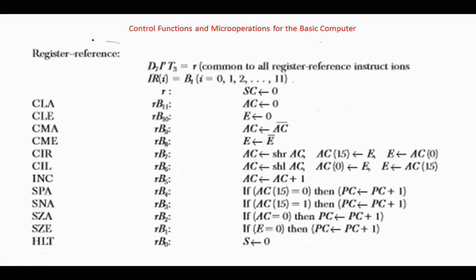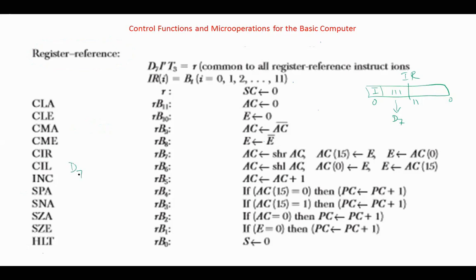The third subtable is for register reference instructions: clear accumulator, clear E flip-flop, complement accumulator, complement E flip-flop, circulate right, circulate left, increment, skip on positive accumulator, skip on negative accumulator, skip on 0 accumulator, skip on 0 E flip-flop, and the halt instruction.